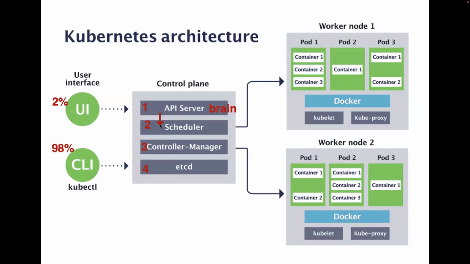All of this will be taken care of by the scheduler. And then those instructions will be given to the kubelet. Like I told you, right? API server will send the instructions to the kubelet. Kubelet is a component with which it would interact. That's what is called a Kubernetes agent running on every node. So that's the scheduler part.